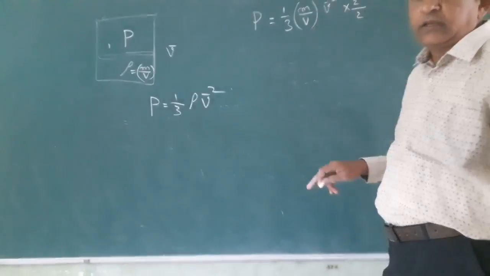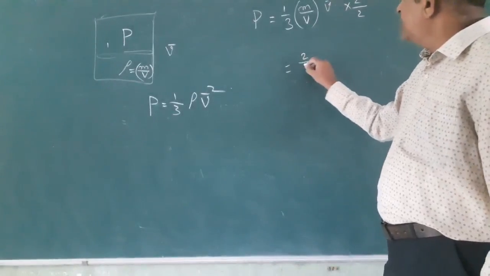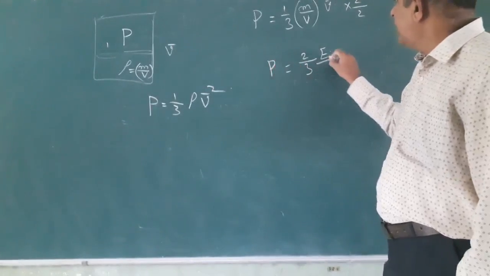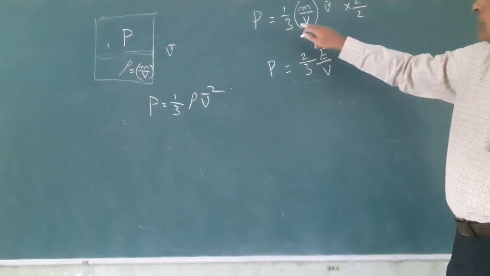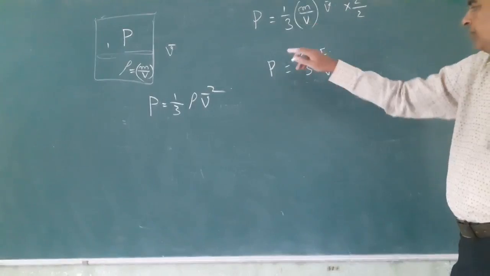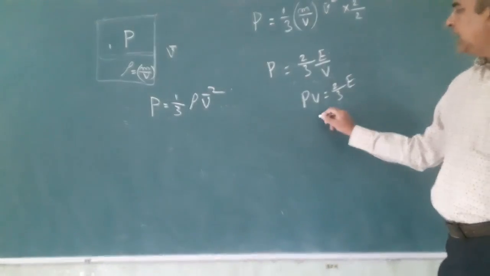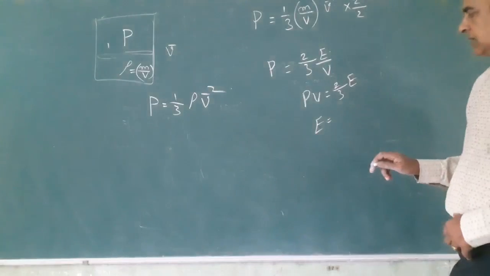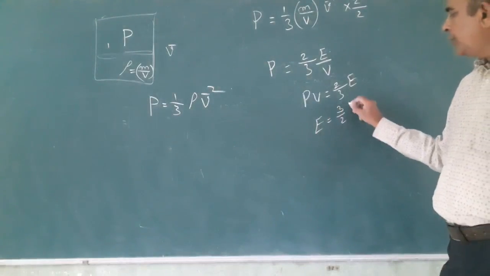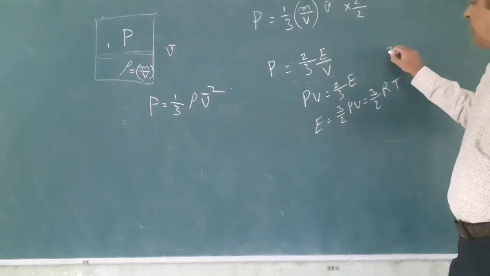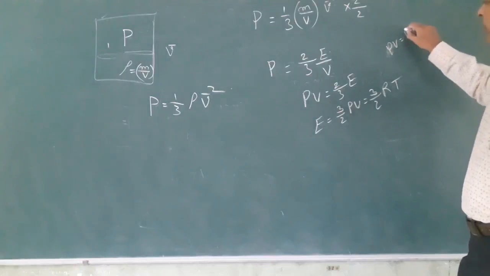Then we multiply by 2 and divide by 2. Half mv square is the kinetic energy E. So that is 2 by 3 E under V, so P is 2 by 3 E by V. Taking V to the other side, PV is equal to 2 by 3 E. Therefore, the kinetic energy of 1 mole of gas, E, is equal to 3 by 2 PV, that is equal to 3 by 2 RT, because PV is equal to RT for 1 mole.